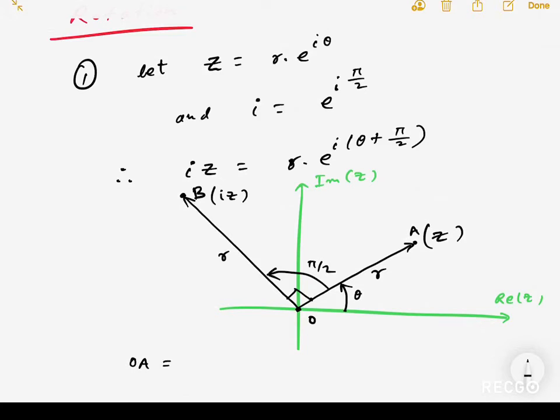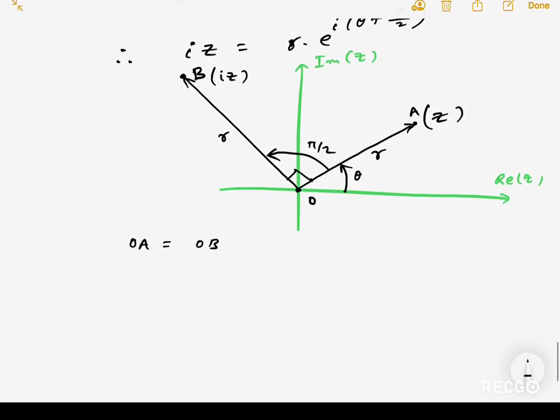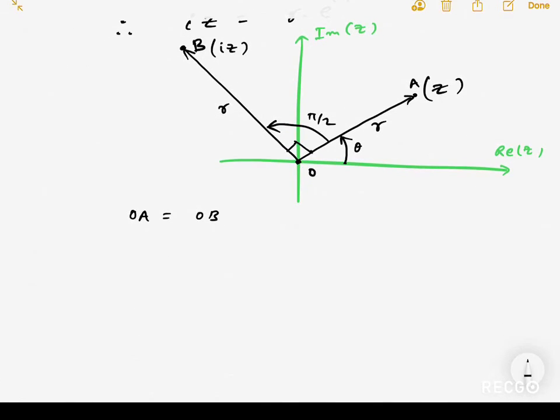Its corresponding vector gets rotated by 90 degree in anti-clockwise direction. This is the concept. And since OA is equal to R, OB is also equal to R, therefore OA is equal to OB. Length of the vector z is equal to length of the vector iota z, and we also know that mod z equals mod of iota z. So from there also we can conclude this.